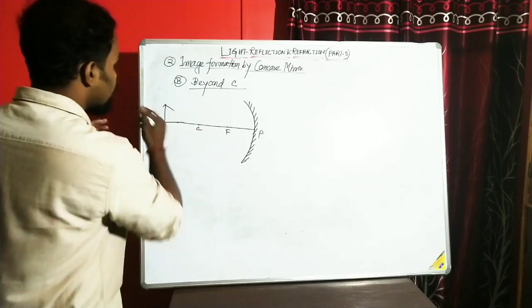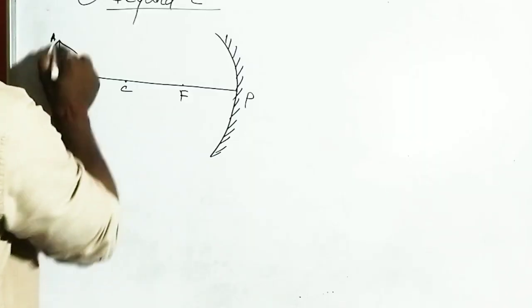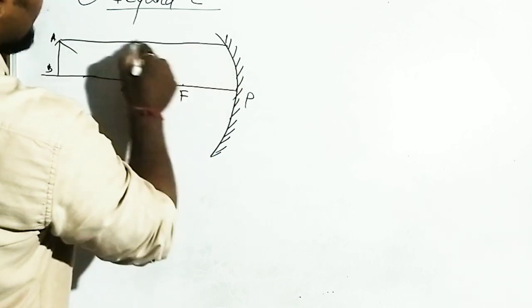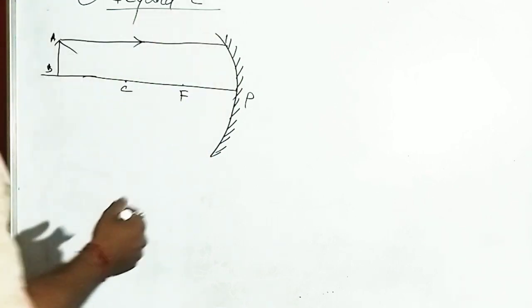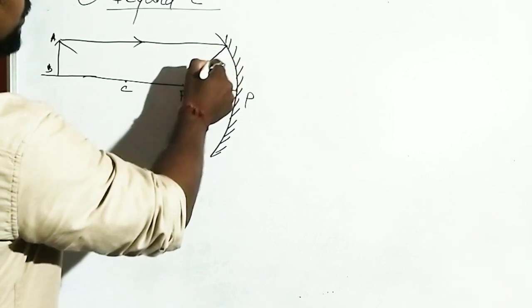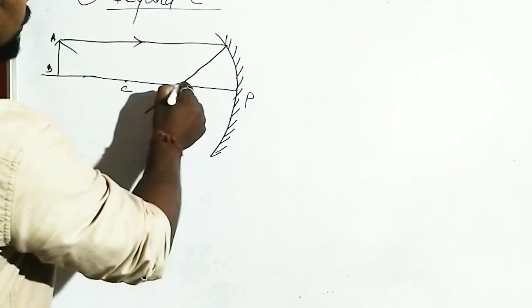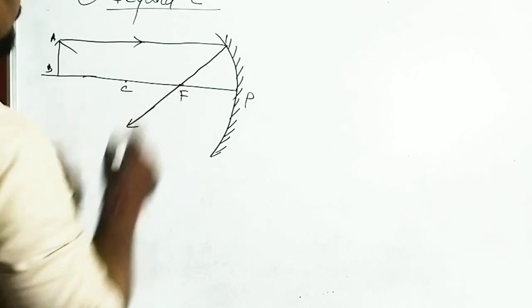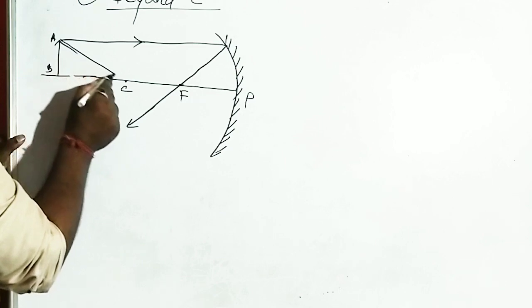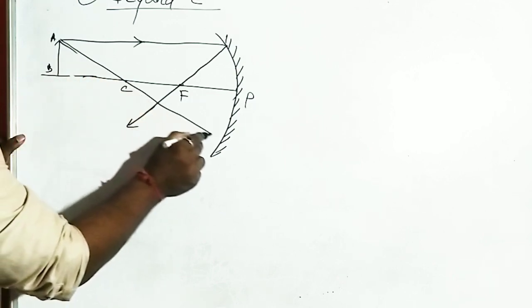So this is A, this is B, and this is one incident ray. From the property of the concave mirror, this ray will move through the focus.